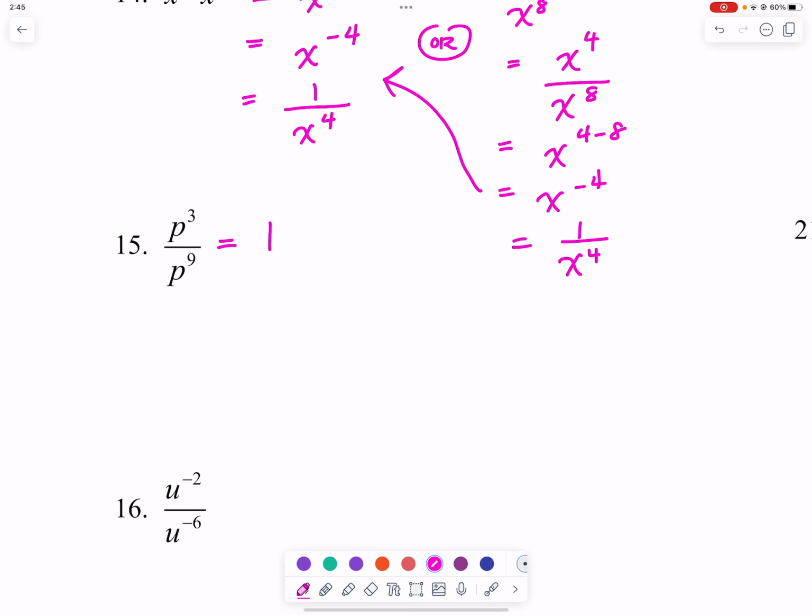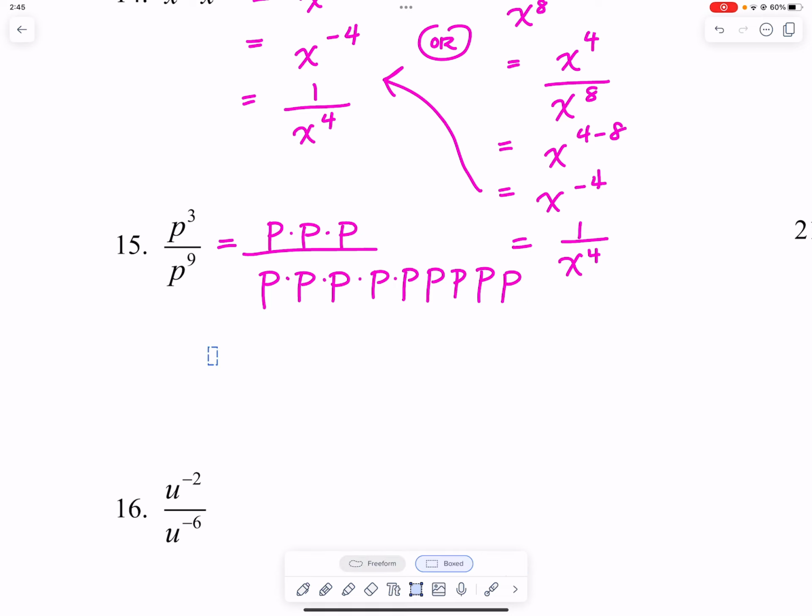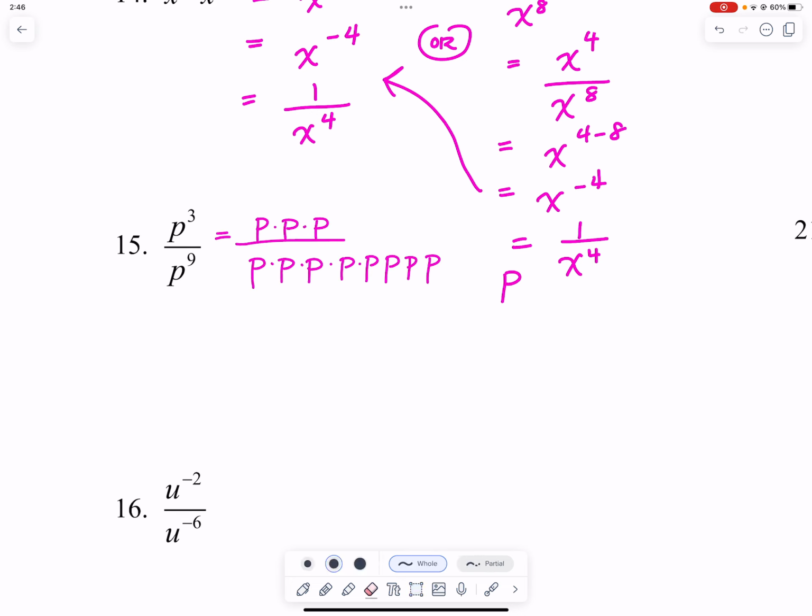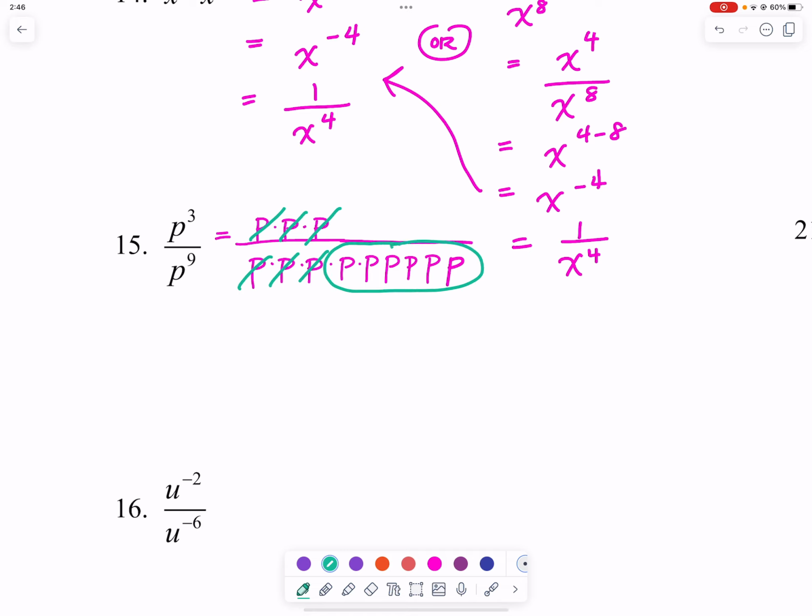Now, on number 15, let's take a look at this. There's 3, and then we have 2, 4, 6, 8, 9. 1, 2, 3, 4, 5, 6, 7, 8, 9. So if you take a look at this, when you have more in the denominator, a higher power, you actually have the subtraction done from the denominator with that many remaining.